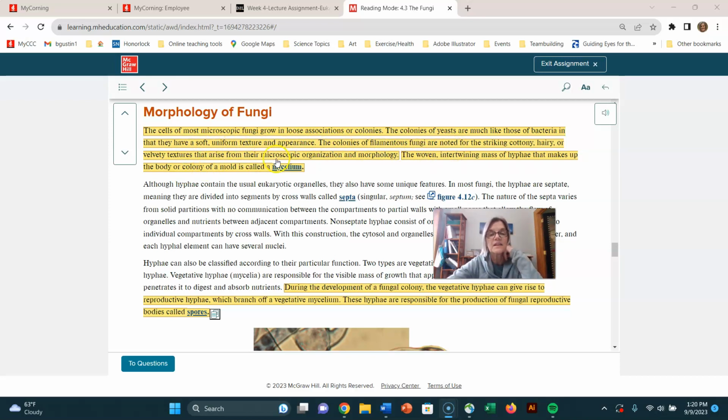And remember we said that the molds are made of those hyphae, those hair-like structures, and when you get masses of them, we call them mycelium, so masses of hyphae. When you're looking at a mold colony, you're looking at the mycelium, or masses of hyphae.